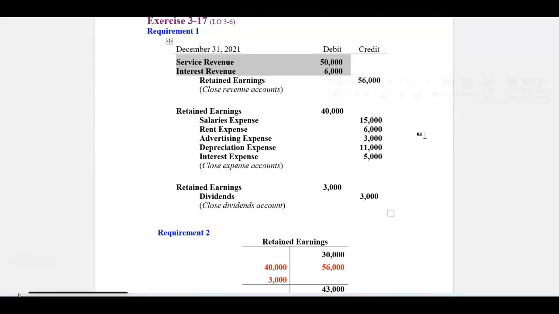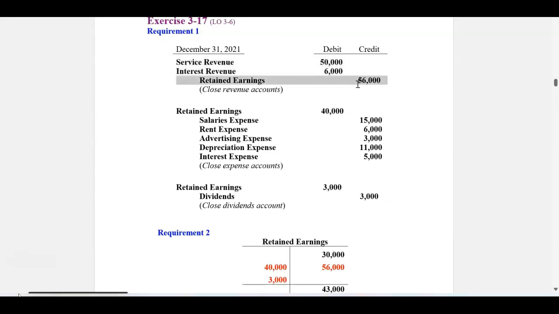That's a shortcut. So here, service revenue has a normal balance of credit. We close it with a debit. Interest revenue has a normal balance of credit, so we debit to close it. And instead of closing into the income summary temporary T account, we just don't use income summary, and we put it directly into retained earnings.